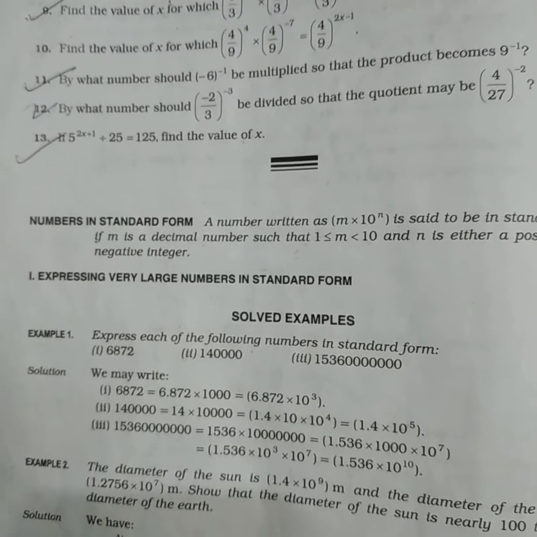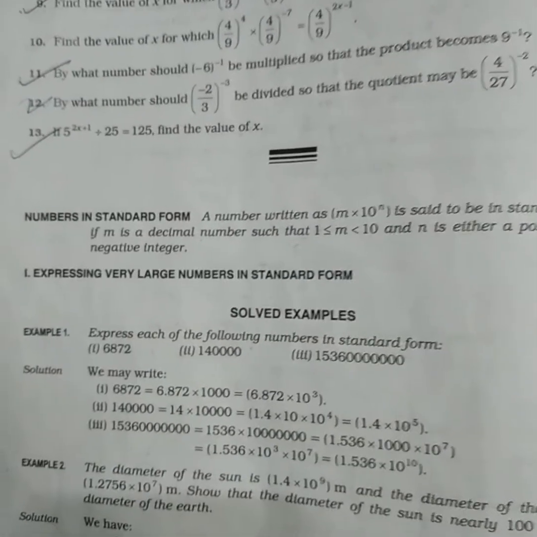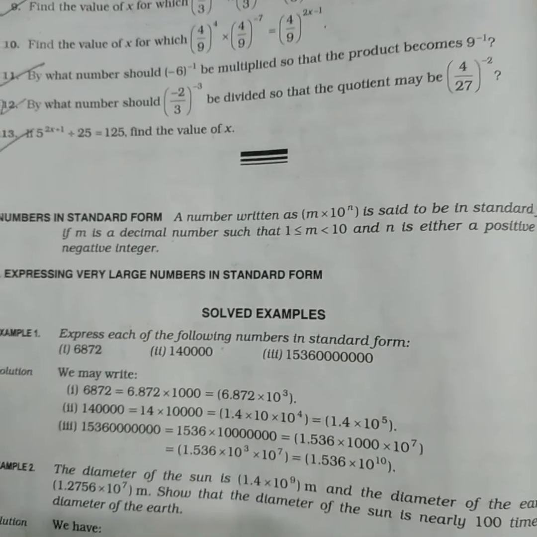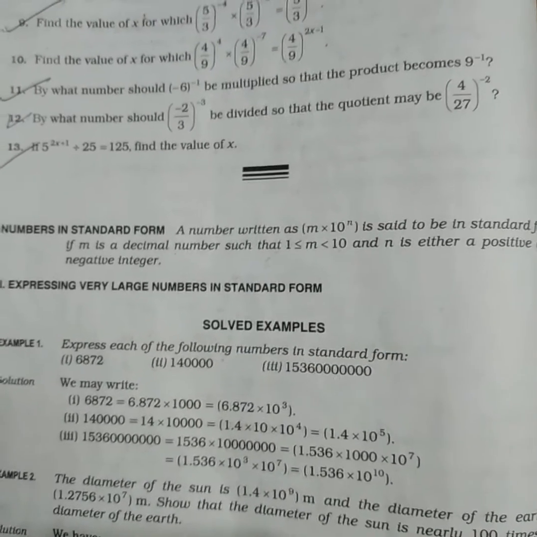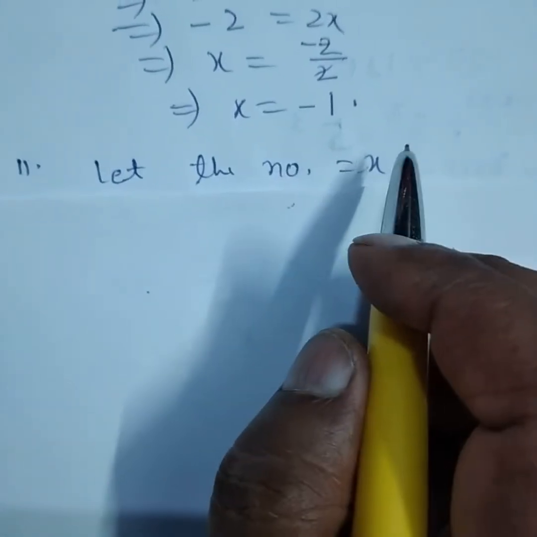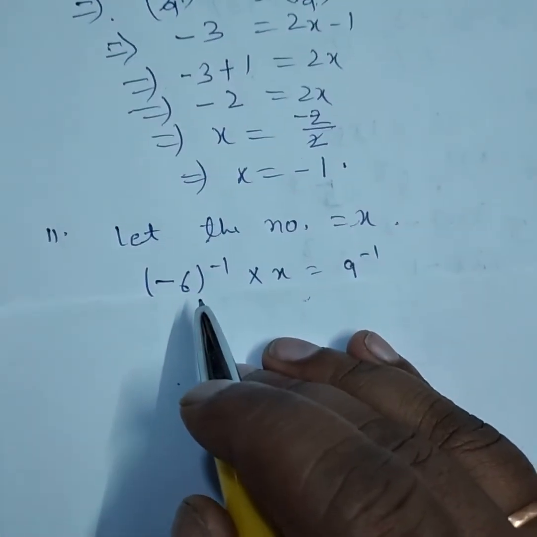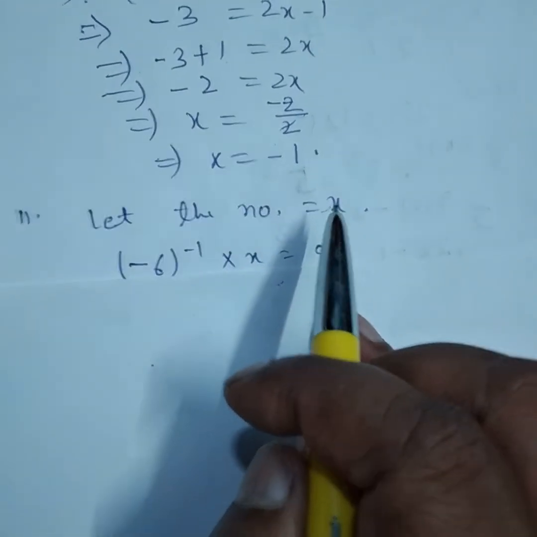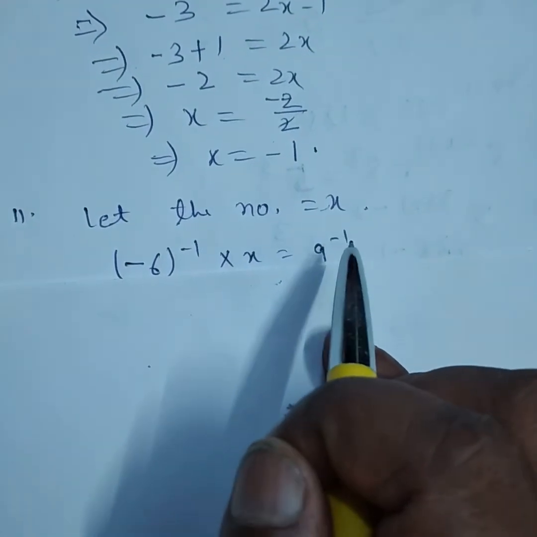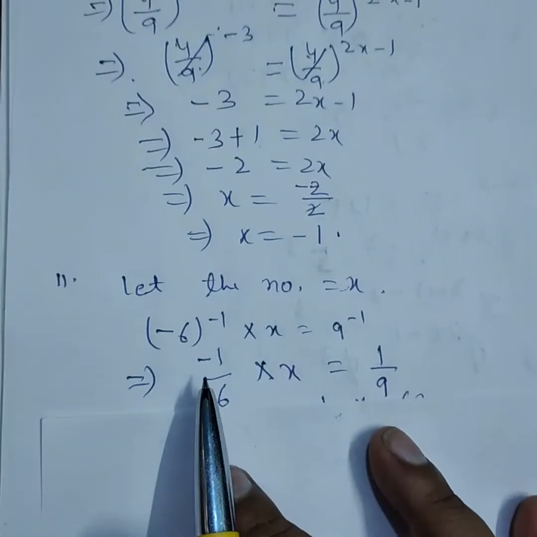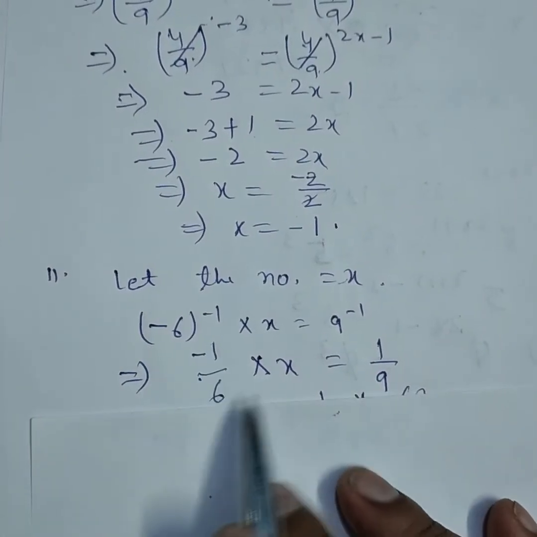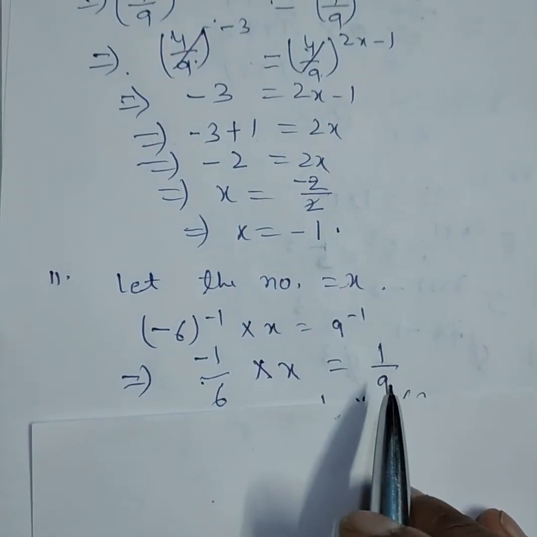Question number 11. By what number should (-6)^-1 be multiplied so that the product becomes 9^-1? Let the number be x. Then (-6)^-1 into x, because we are taking the number as x, equal to 9^-1. So the reciprocal of minus 6 means minus 1 upon 6, into x equal to 1 upon 9.